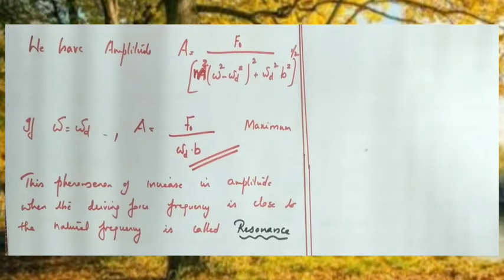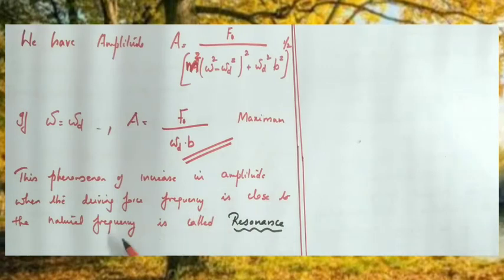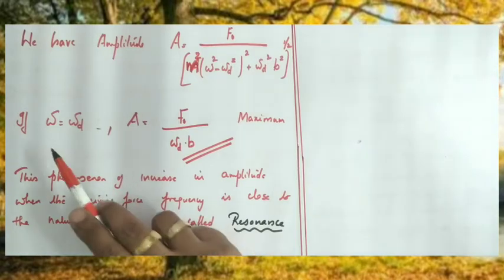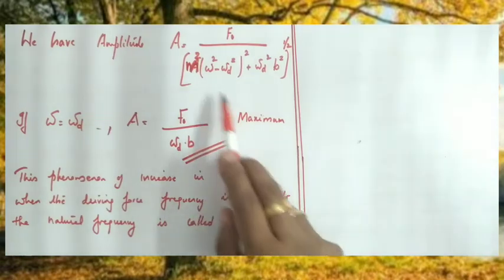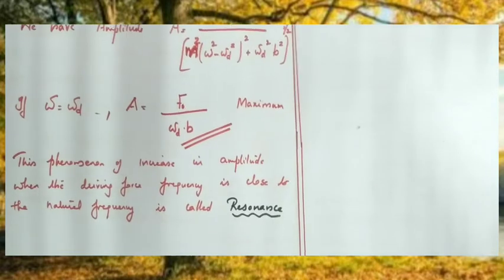The phenomenon of increase in amplitude when the driving force frequency is close to the natural frequency is called resonance. So what is the condition for resonance? If the natural frequency and the driving frequency are equal, amplitude becomes maximum, and this condition is called resonance.